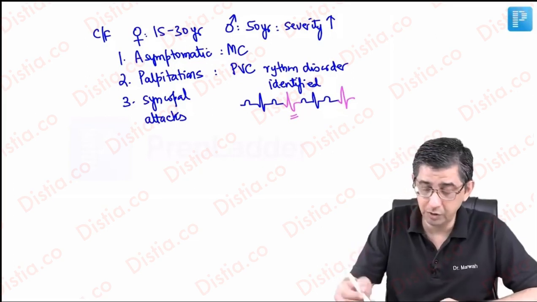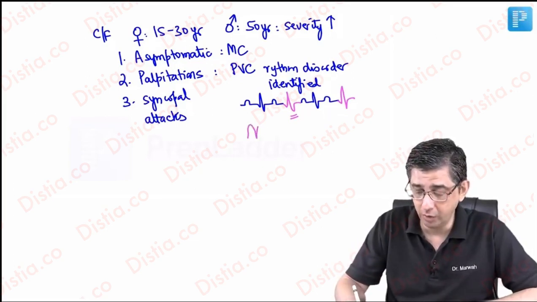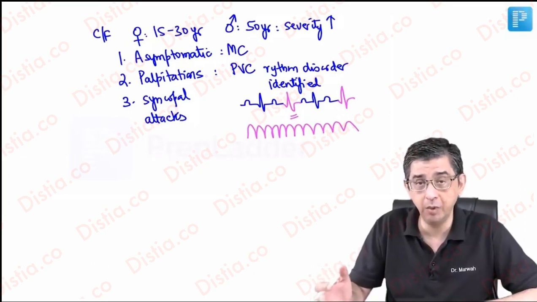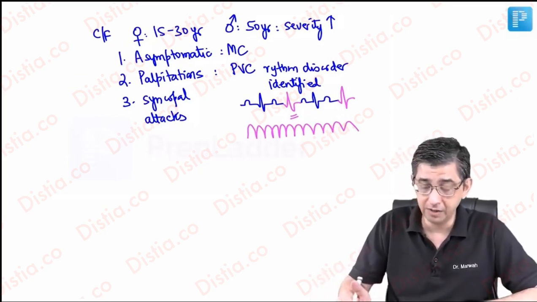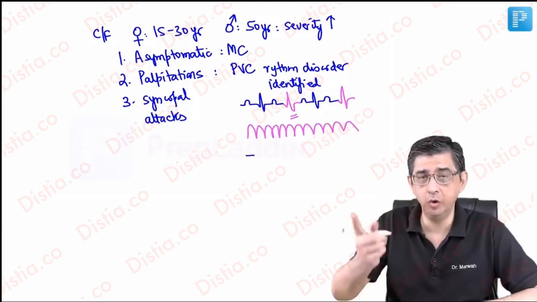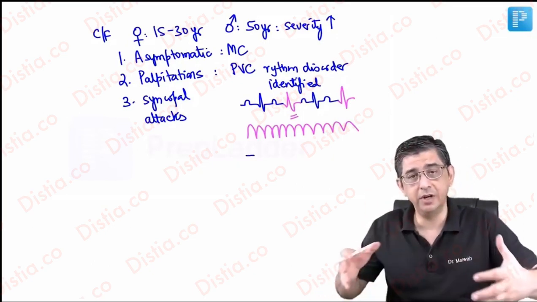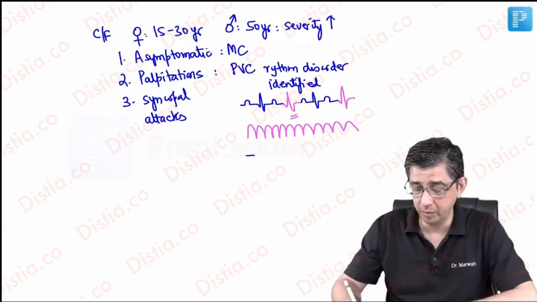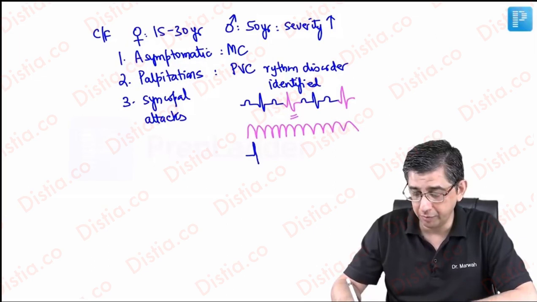In fact, there's also a possibility that these patients can develop a frank ventricular tachycardia, in which all you will get is premature ventricular contractions again and again and again, and the heart rate will be more than 100. In fact, in some of these patients, because the LV blood will be going to the LA, there would be structural dilatation of the LA, structural damage to the left atria, and the structural damage to the left atria can trigger atrial fibrillation.